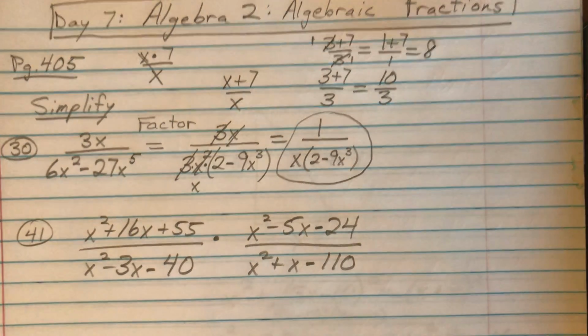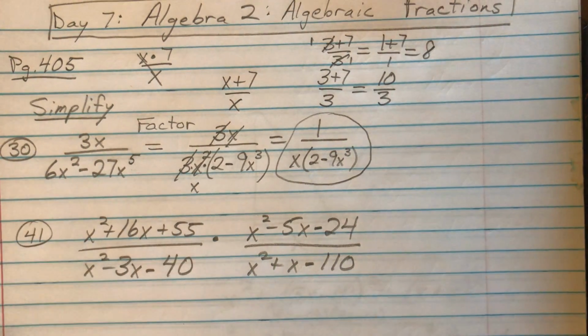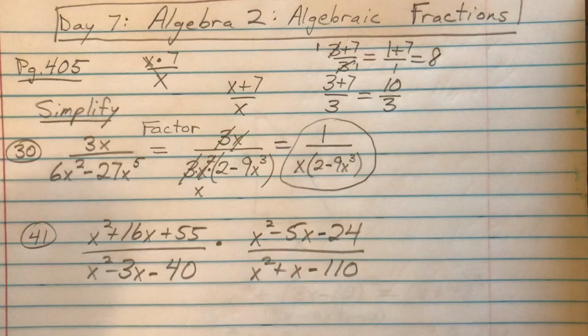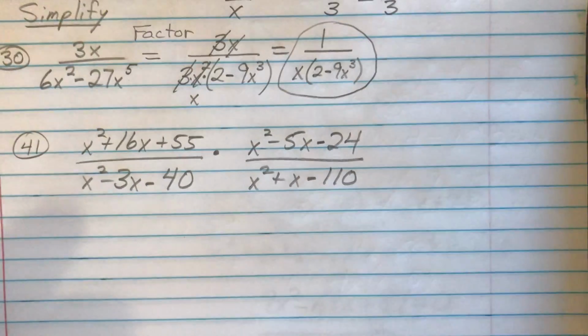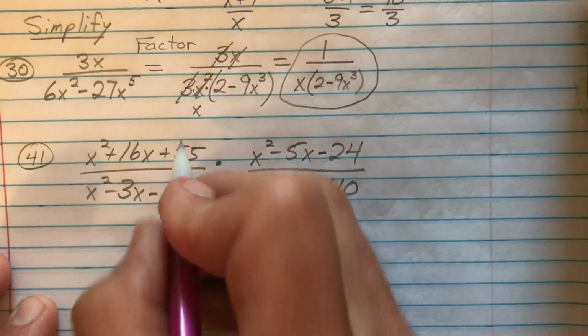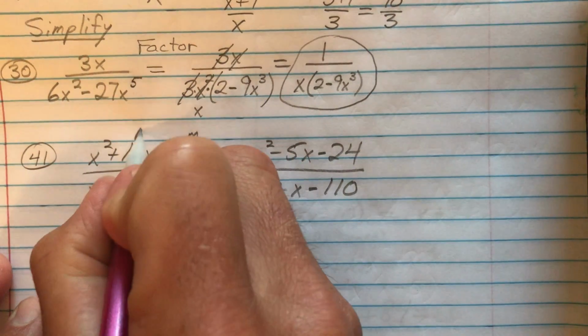So let's think through this one. Since we're not allowed to cancel through addition and subtraction, we're going to factor all of these parts and see what we can cancel. So we're going to factor all 3 of these by using the multiplication and addition method.